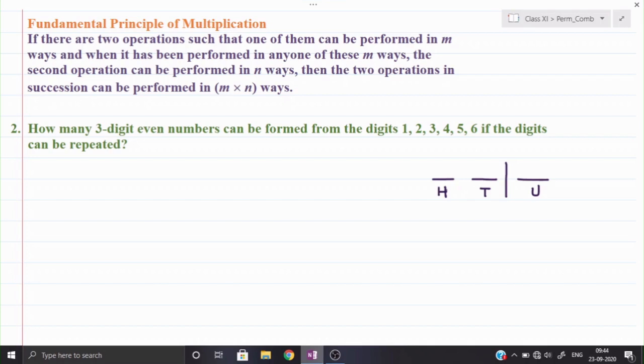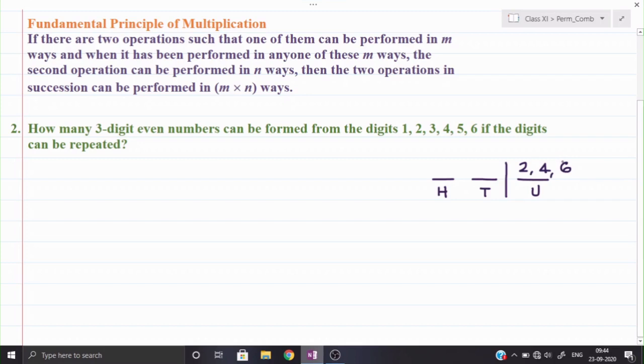Here 0 is not given, so we shall not consider it, but in general the unit place should be occupied by 0, 2, 4, 6 or 8. So which numbers can come here? Either 2, 4 or 6 can come at the unit place.